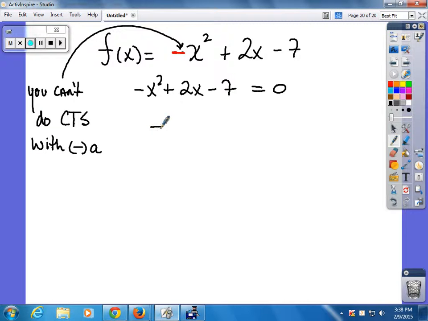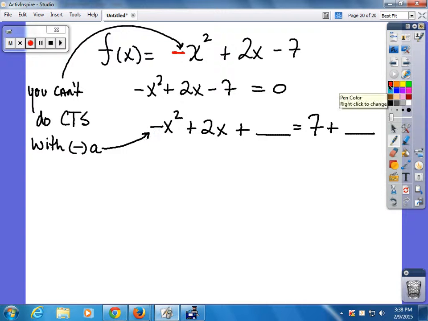Move the C: negative x squared plus 2x plus blank is equal to 7 plus blank. I'm going to paint that one red again, because we're stuck on this thing right there. That negative is causing a problem. So we've got to factor it out.